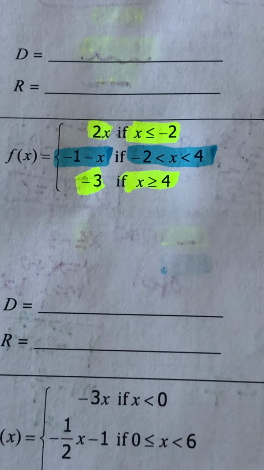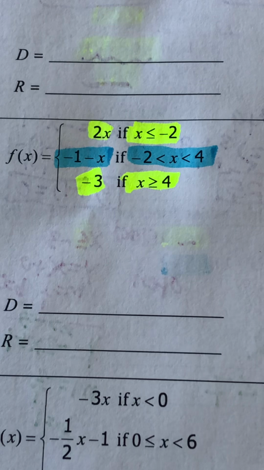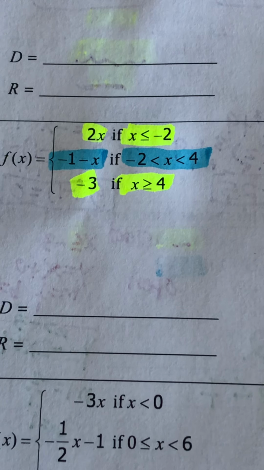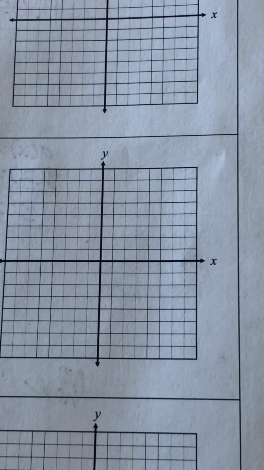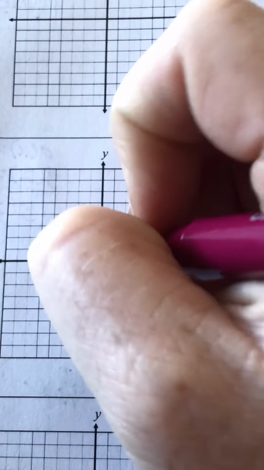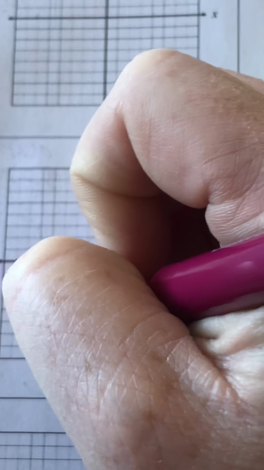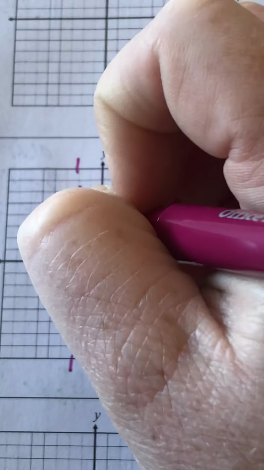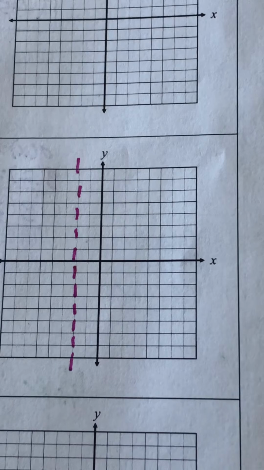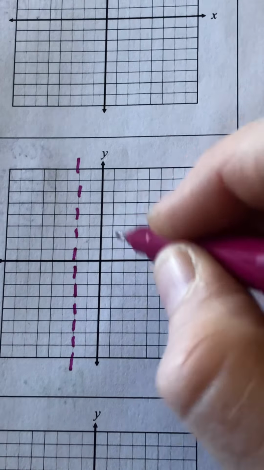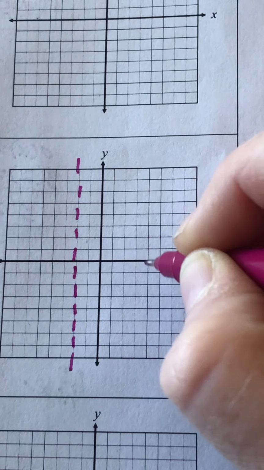Okay? So I'm going to split my graph into 3 chunks, and then we'll go from there. All right, so x equals -2. We care about that. Okay? Then we care about 4 on the x. All right.